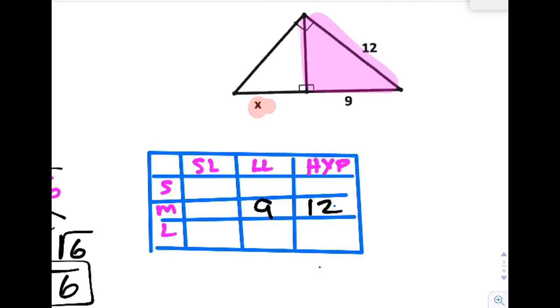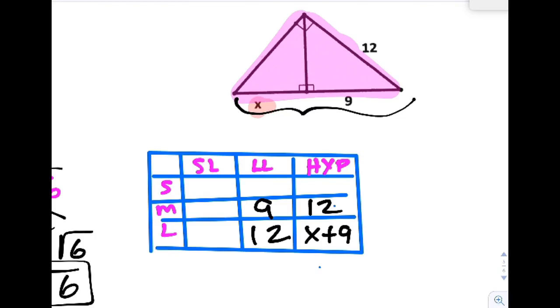And then the large triangle has a long leg of 12 and a hypotenuse of x plus 9.